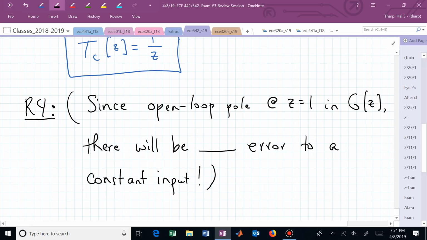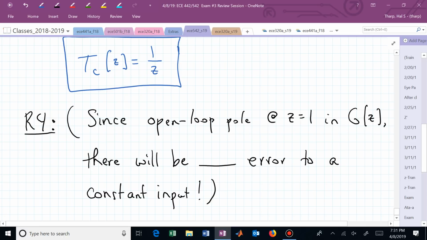What's our error going to be if we can stabilize the system? And is our closed loop system stable based on t sub c of z? Where are our poles? Hopefully they're going to be inside the unit circle, and yes they are. We have one pole at the origin. What do we know about the steady state error if we put in a constant input? An input of 10, an input of 7, an input of 6. Our output's going to go to 10, 7, or 6. We're going to have 0 steady state error because we had that pole at z equal to 1.